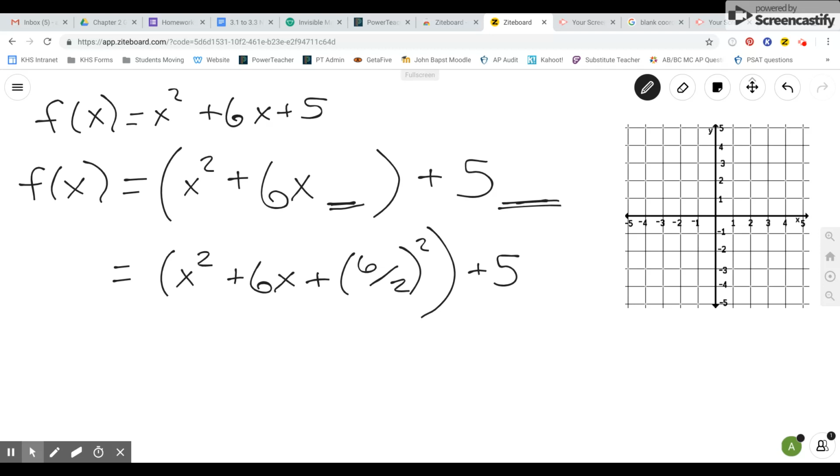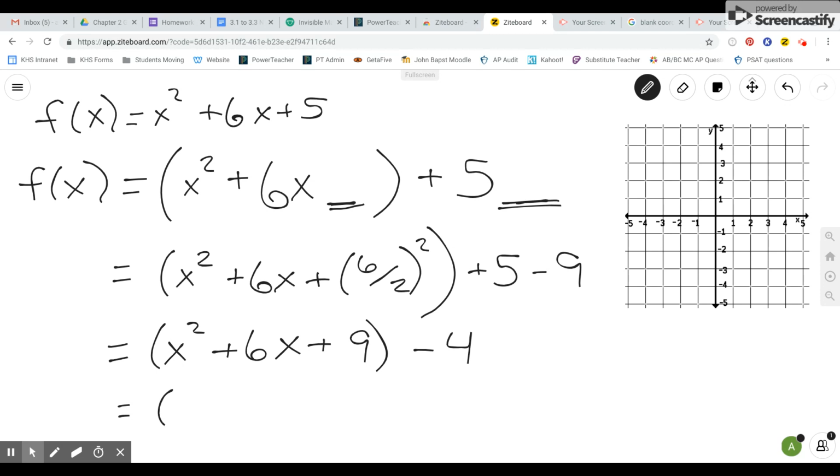I'm adding 9, so in order to counteract that, we are going to subtract 9. So really, we are just adding 0. And what we have is x squared plus 6x plus 9 minus 4.